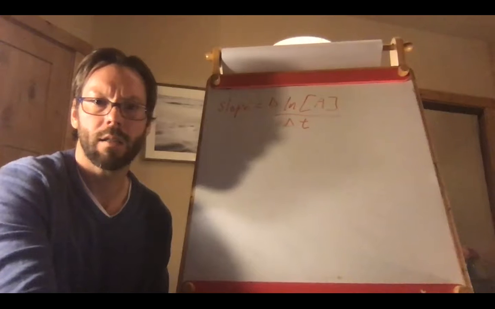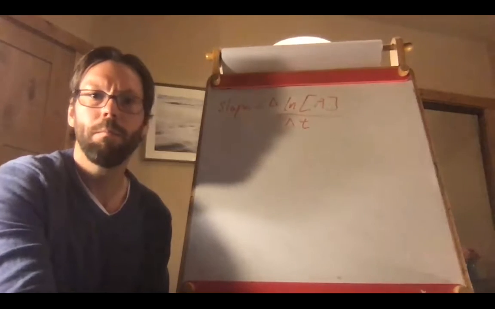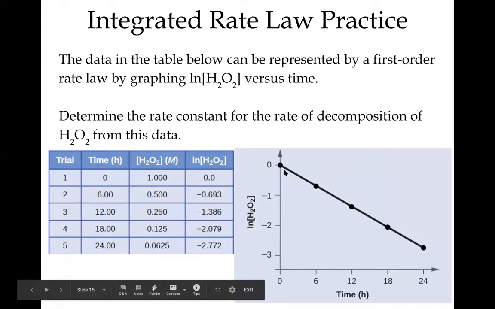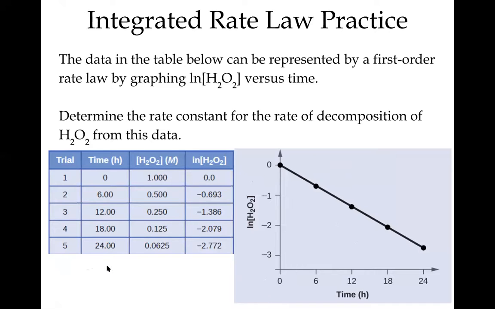Let's go back to that slide. The slope of this line is based on these data points here, and these data points reflect how the natural log of our concentration of reactant changes, or deltas, over time.